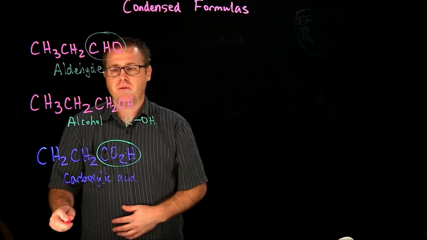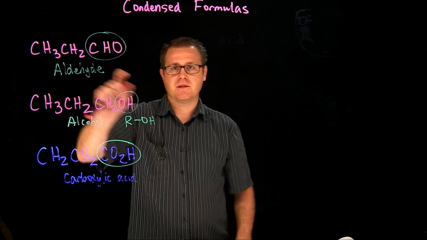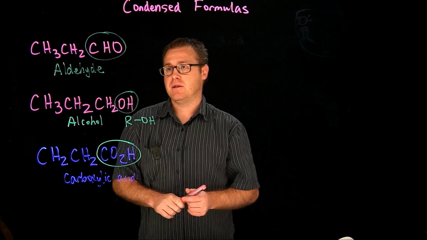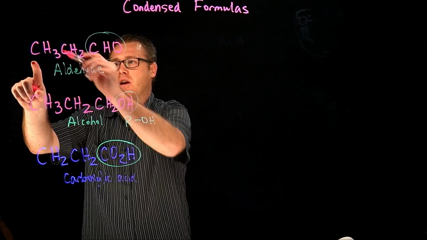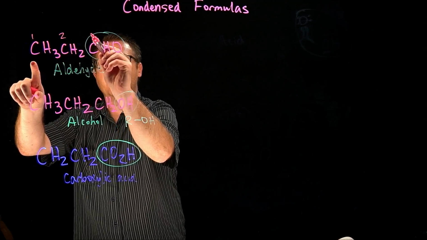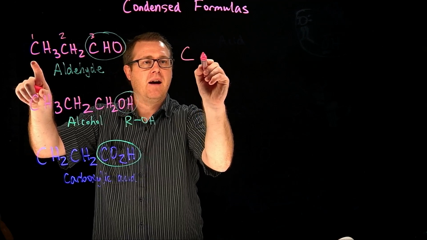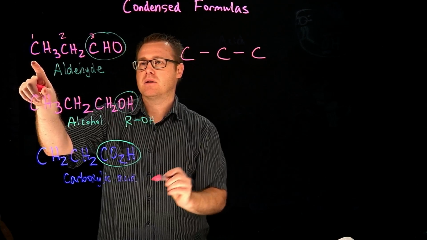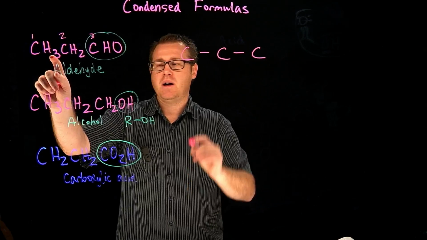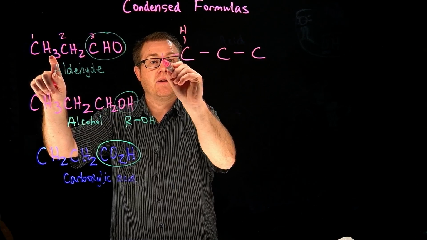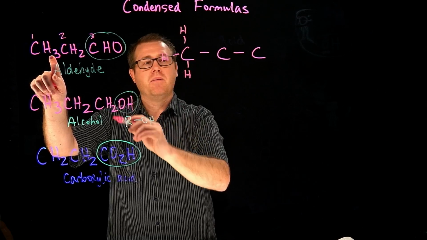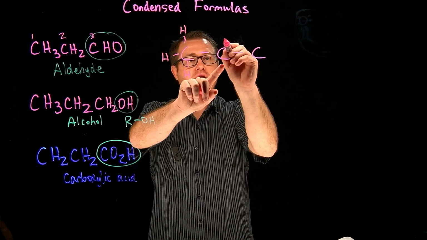Now let's go through this one, this aldehyde first, and draw the Lewis structure. So we have carbons 1, 2, and 3. So I'll just draw those out. They're all connected. To carbon 1, I have 3 hydrogens. Carbon 2 has 2 hydrogens.